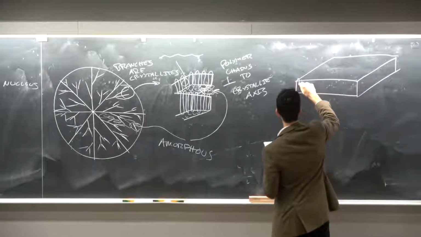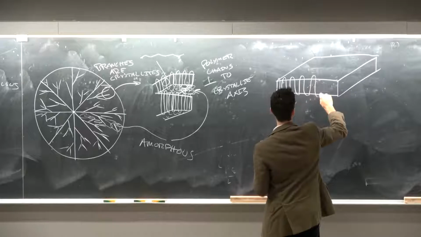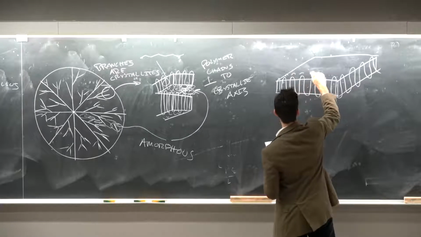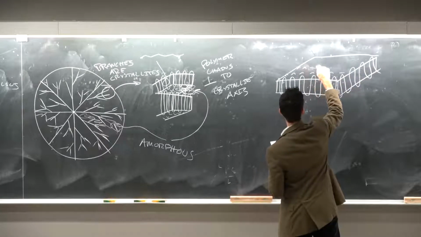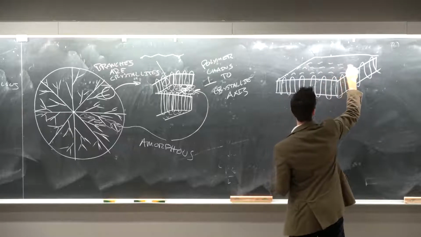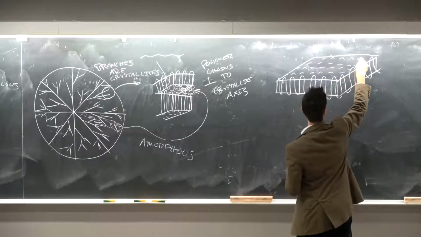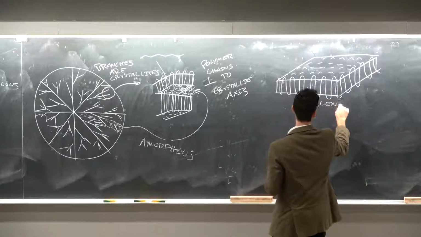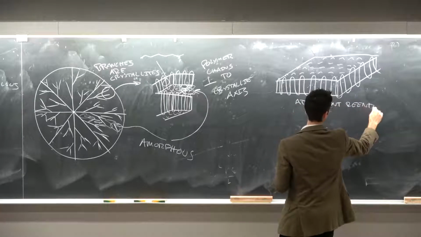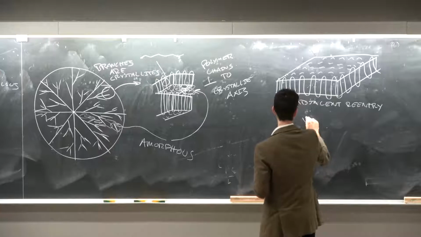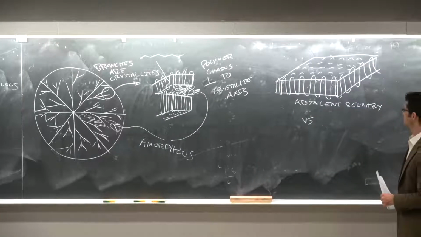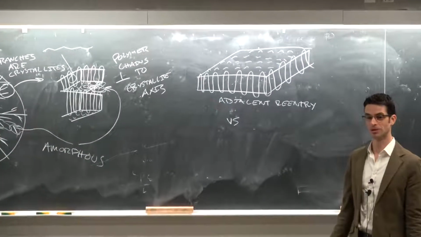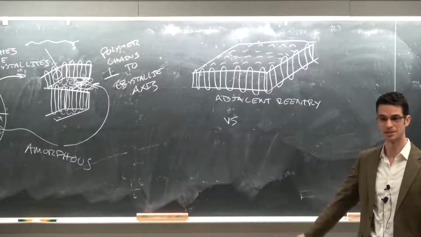And the one that I tried to draw there is called the adjacent reentry model. The adjacent reentry model exists when the molecules have a lot of time, so thermodynamic control.